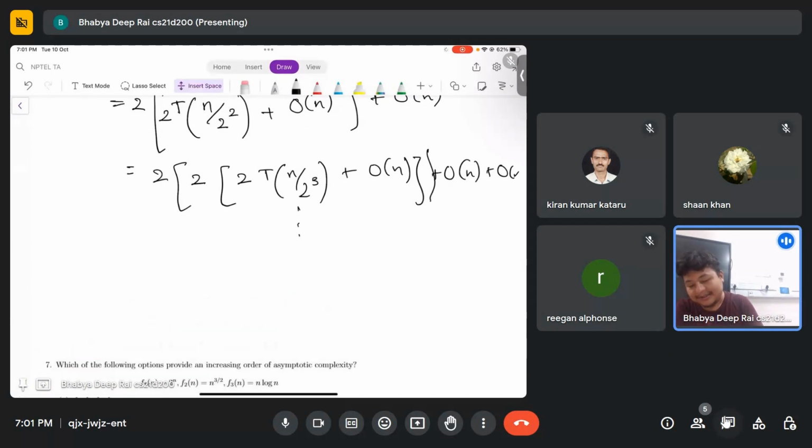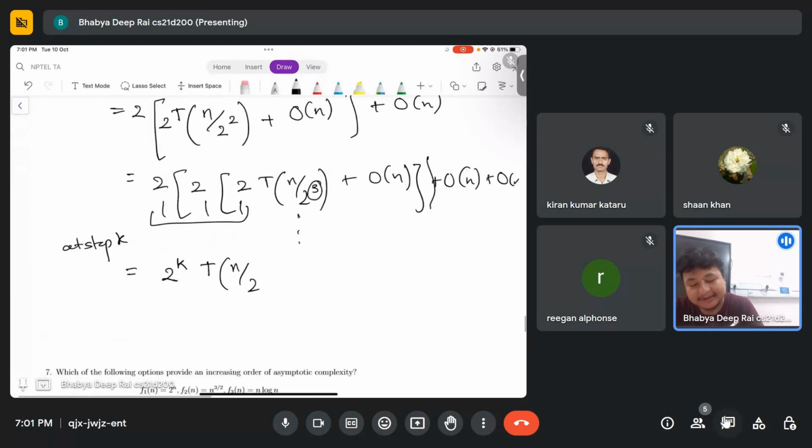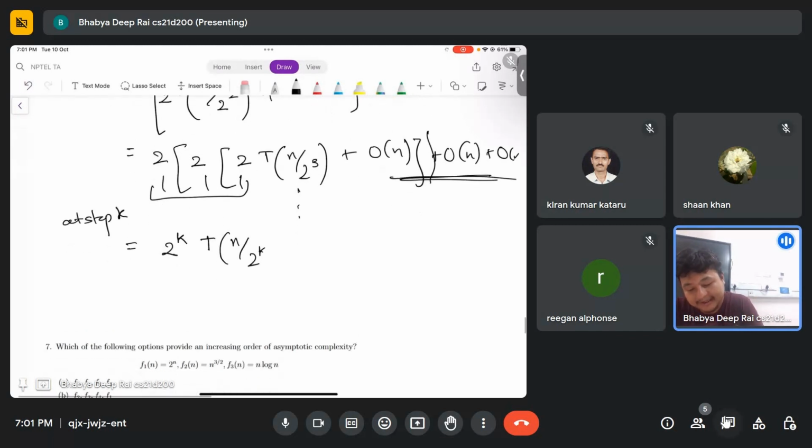You can see the trend here that at some point it will be equal to some k. At step k, all these 2's will multiply to form 2 to the power k. At step 3 there is a 3 here, and there are 3 n's here, so at step k it is 2 to the k, T of n by 2 to the k, plus n added k many times, so kn.